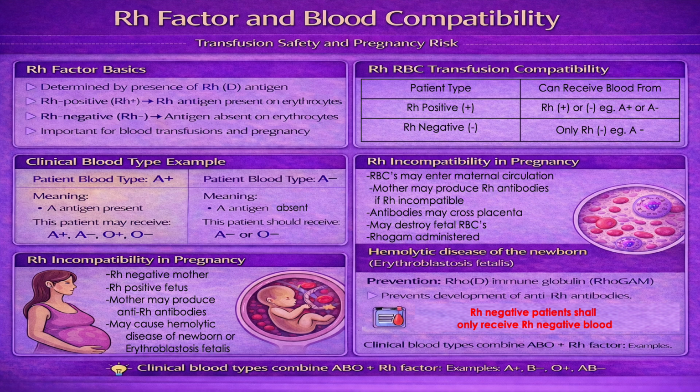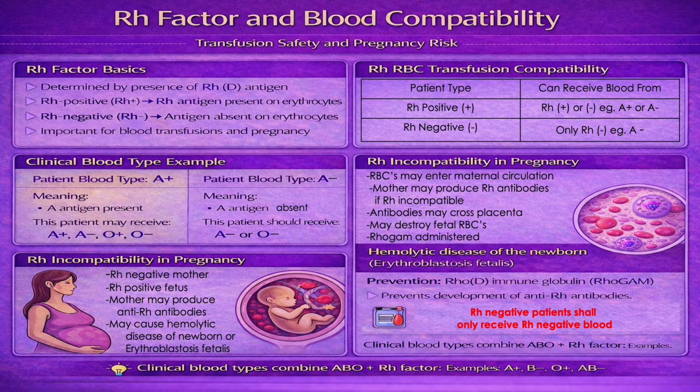Individuals who possess this antigen are classified as Rh positive, while individuals who lack the antigen are classified as Rh negative. The Rh factor is important in two major clinical situations: blood transfusions and pregnancy.